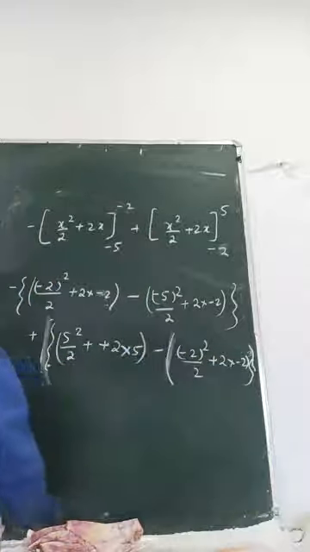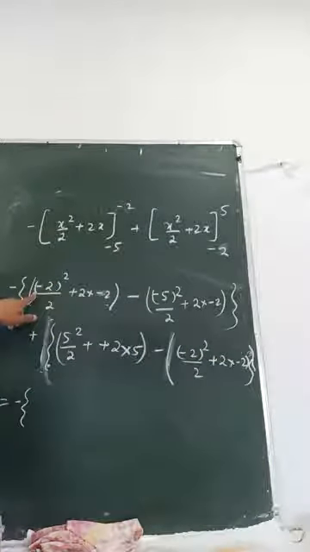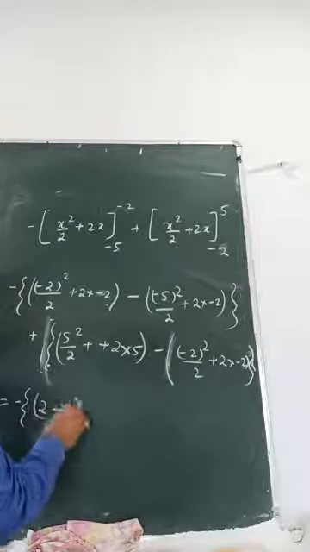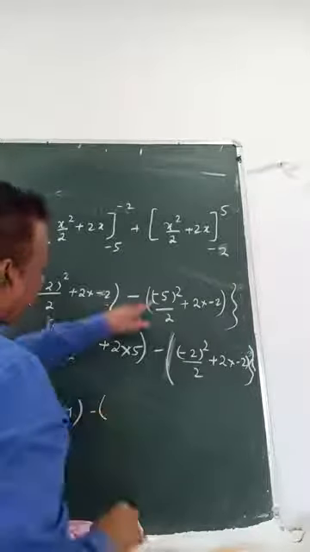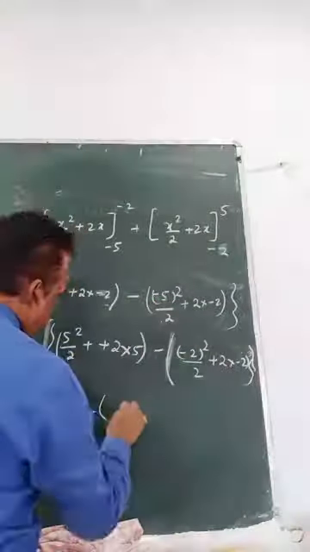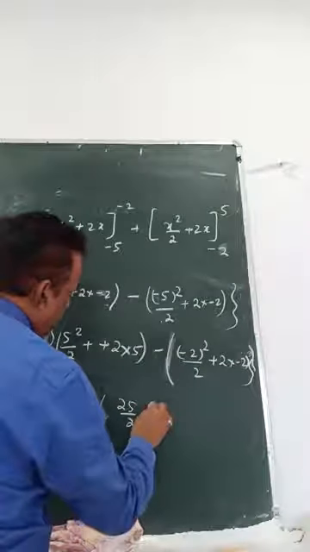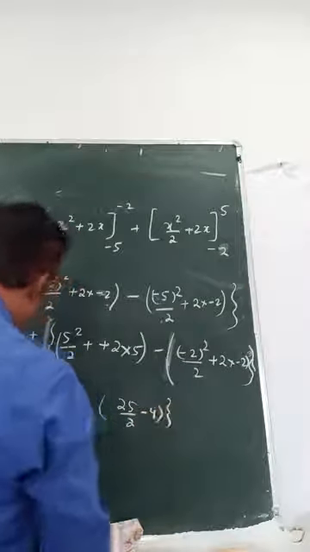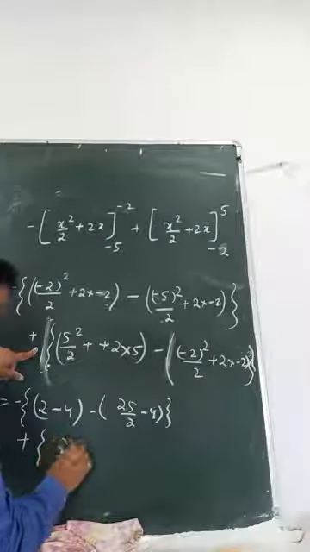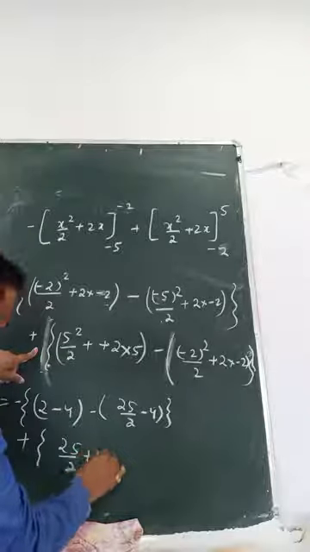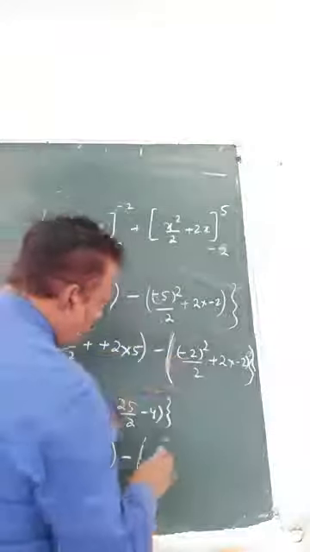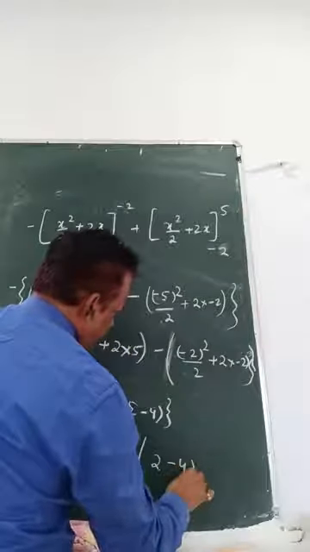Okay, which is minus times this: 4 by 2 is 2, minus 4, minus 5 square by 2 is 25 by 2, minus 4. This part is over. Then plus 25 by 2 plus 10, minus 4 square by 2 minus 4.